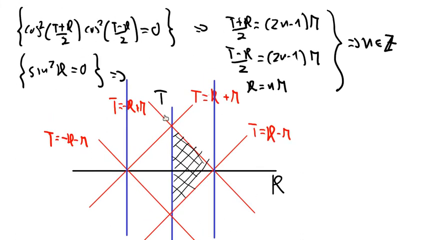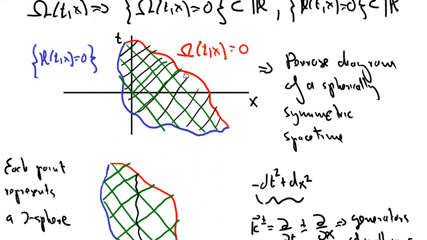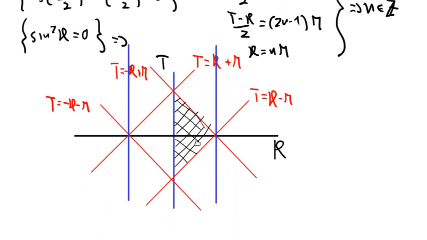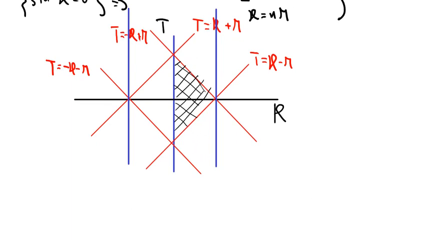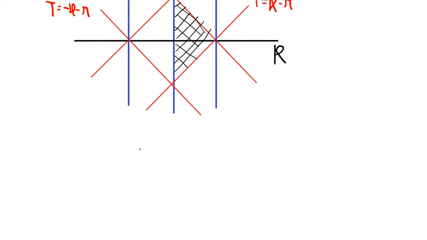And so this set here corresponds to this representation, and gives us the Penrose diagram of Minkowski space-time. We can just take this set and draw it separately.